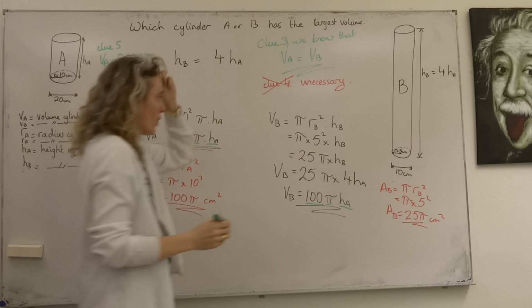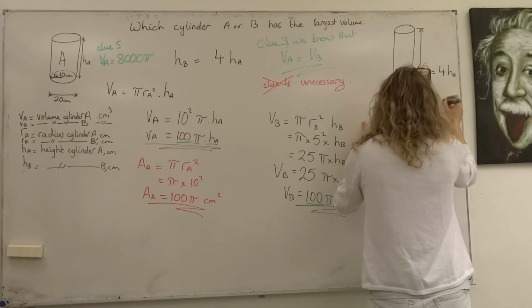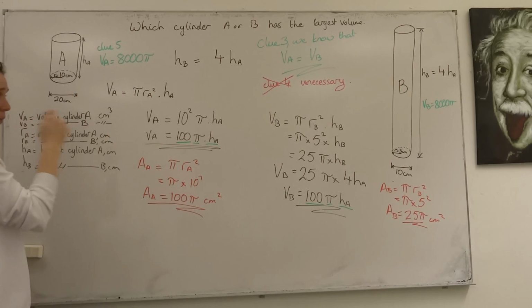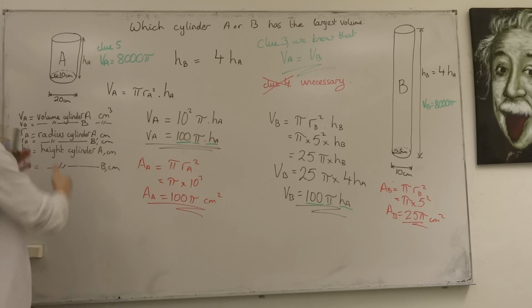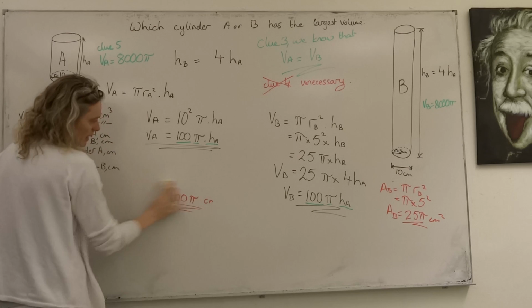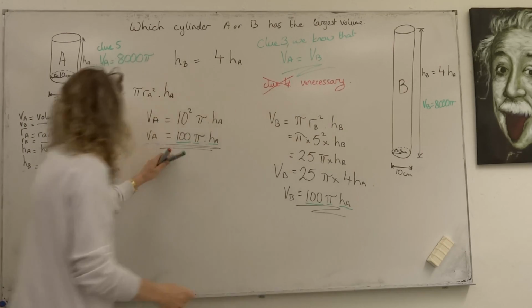But that must mean that the volume of cylinder B is also 8,000 pi, because we've worked out that they have the same volume. So now we must be able to work out the height of both of our cylinders. So let's make a little bit of space here.